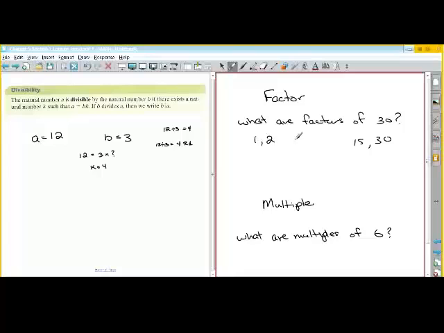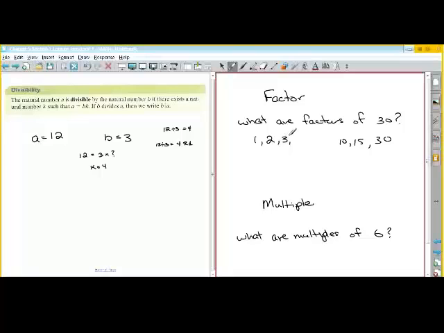So basically, you start with 1 and 30, or whatever the number is you're trying to factor, then you start counting from 1 by 1s, and you ask, can I divide the final number by that number chosen? So if I put 3 here, can I divide 30 by 3? The answer is yes, so I write 30, and I write the resulting answer, which is 10. Then let me try 4.